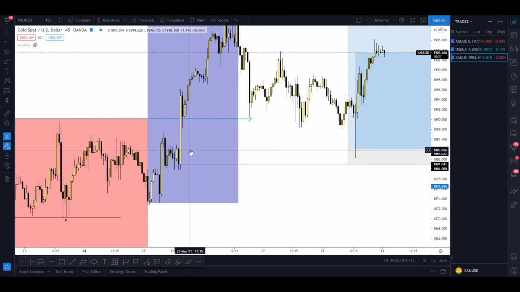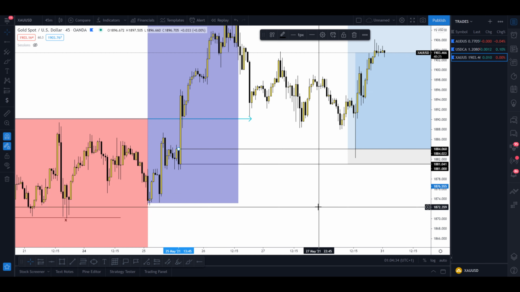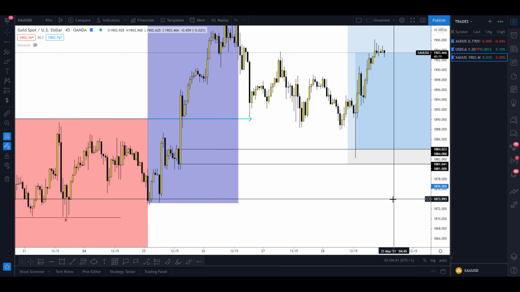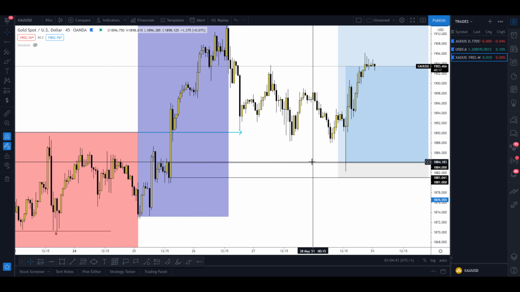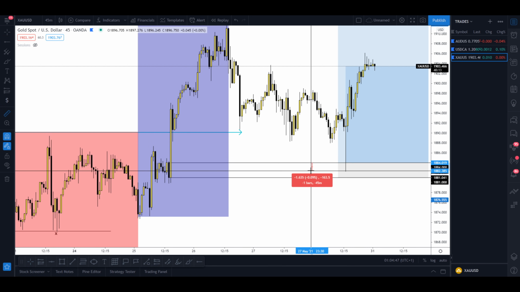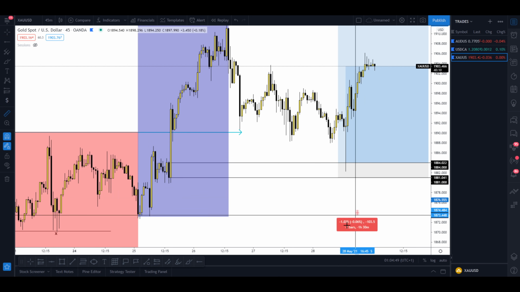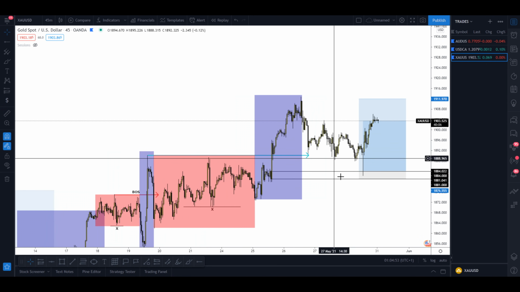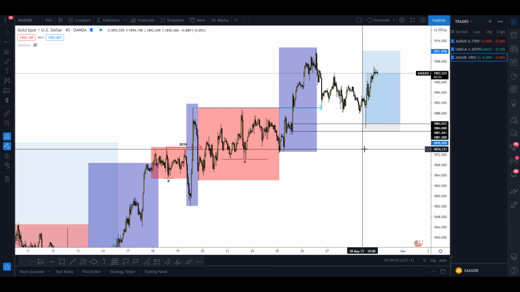At this point, we set a limit at this area, exactly at 1884. And as you can see, price comes in perfectly, taps us into the pip, and we do see a little bit of drawdown for about 16 pips, and then the market overall continues its impulsive move towards the upside.